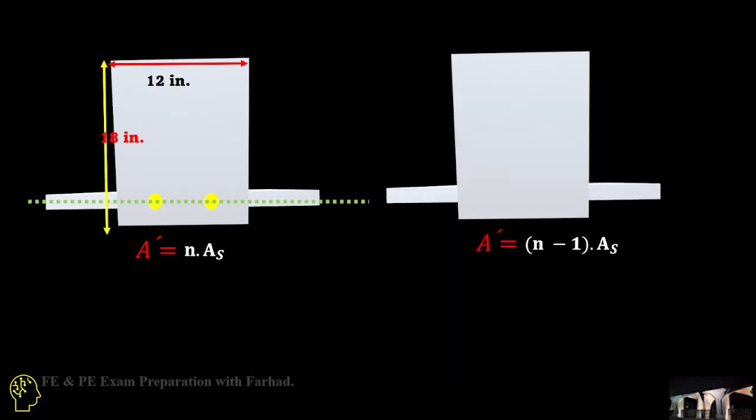The actual one is that we need to subtract these two, so the real one is n minus 1 times As, because the effect of the hole after cutting off these two rebars from the concrete should be subtracted from n, but for our problem we just go with the simple one, which is n times As.